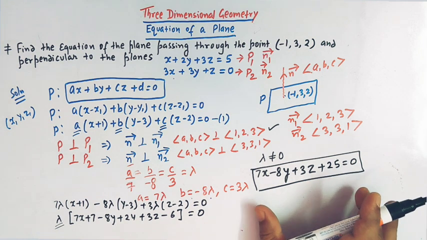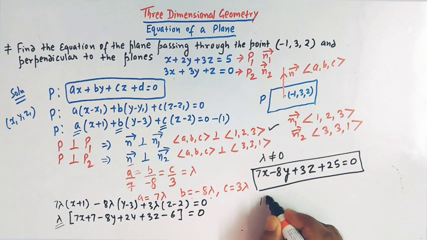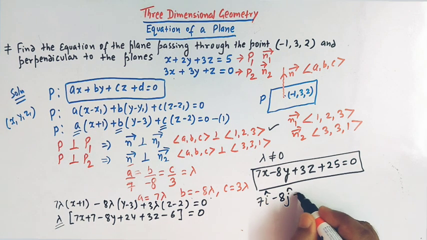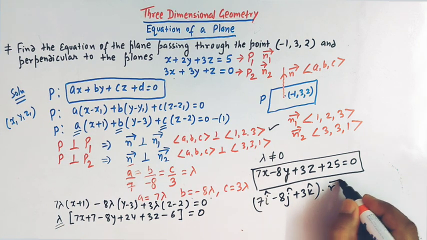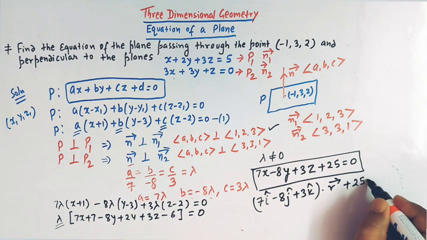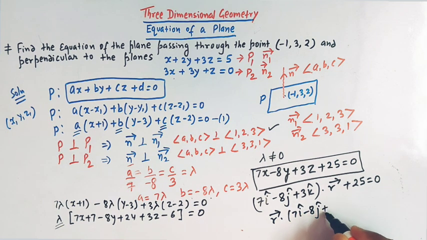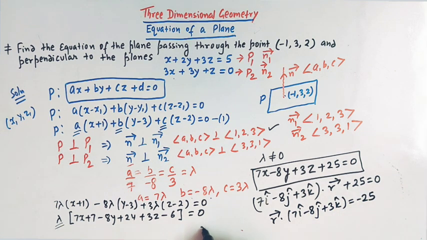So if we wish to write the equation of this plane in a vector form, then we can write vector r dot 7i cap minus 8j cap plus 3k cap plus 25 is equal to 0, or we can also write it as r dot 7i cap minus 8j cap plus 3k cap is equal to minus 25, which is of this form, that is vector r dot vector n is equal to d, right?